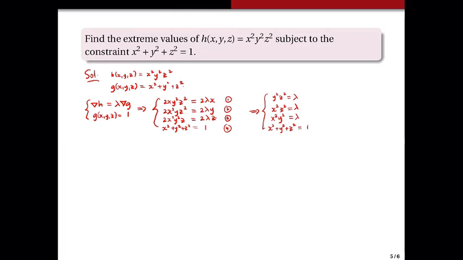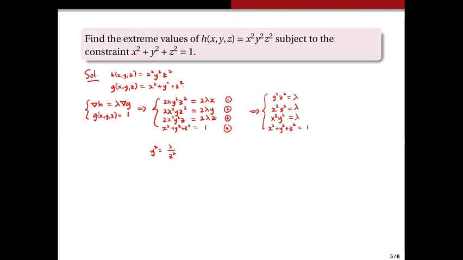Let's try to do it this way. y squared equals lambda over z squared.